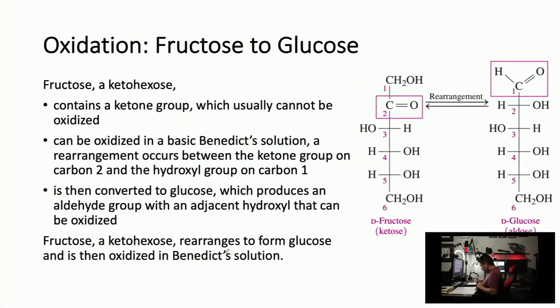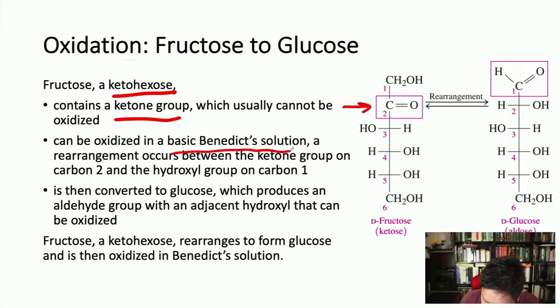So we can also oxidize fructose to glucose as well, right? Fructose, remember, is a ketohexose, which means it has a ketone. So here is fructose, and here's the ketone that is in question. Using basic Benedict's solution, you can actually rearrange this ketone into an aldehyde.